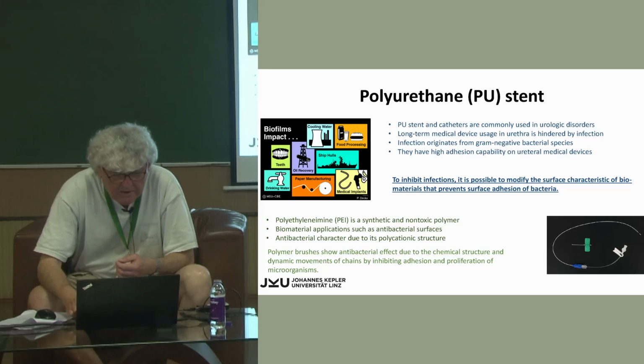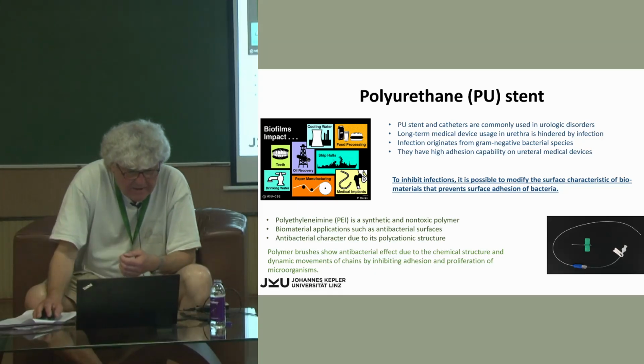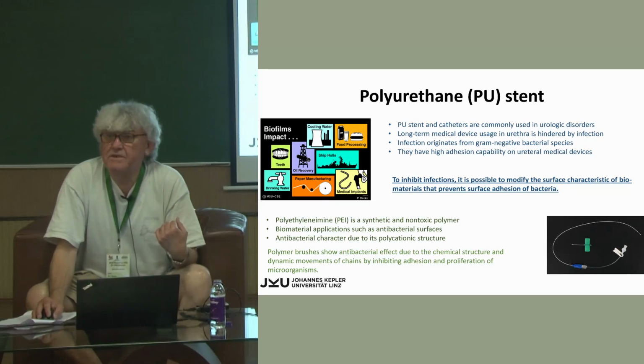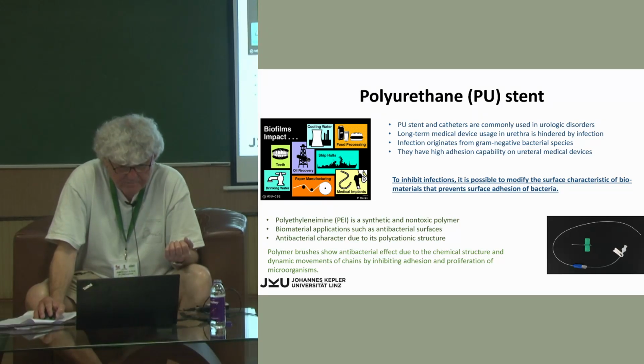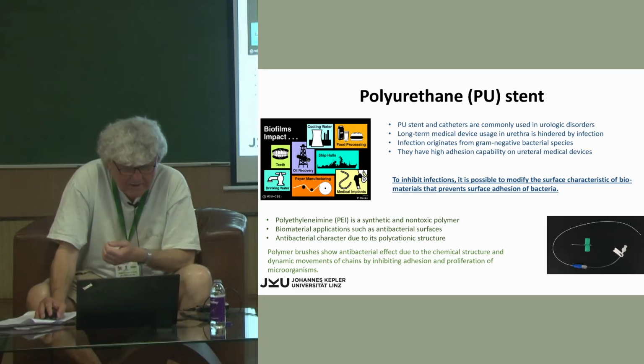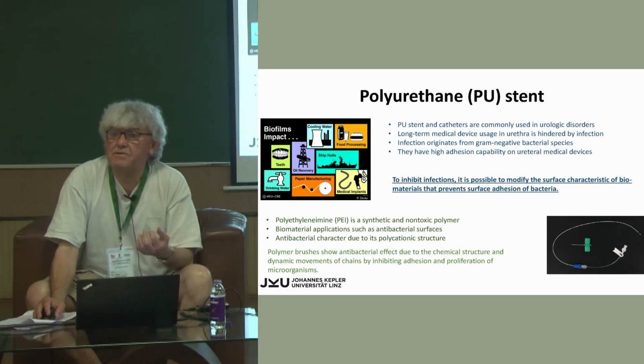So we want to inhibit the infections here, and we tested some different materials, and it's also known that some polymers are synthetic and non-toxic, because that's of course also important. And generally, it's of course an important research for biomaterial applications to invent antibacterial surfaces.